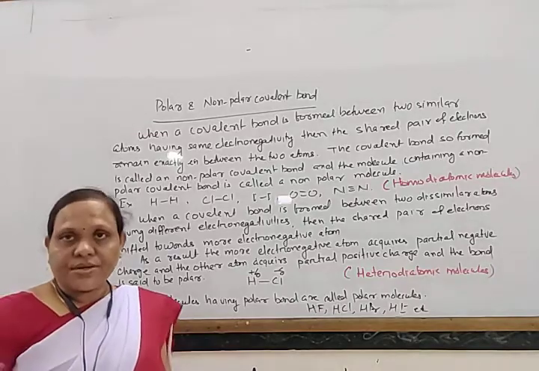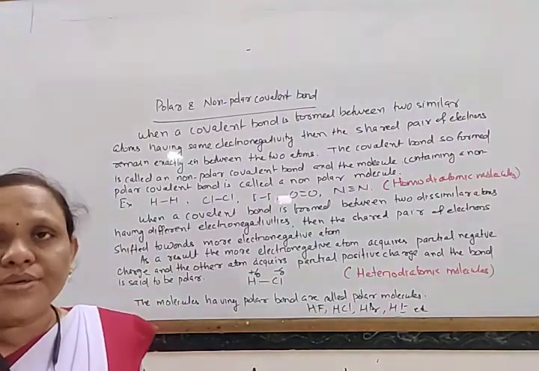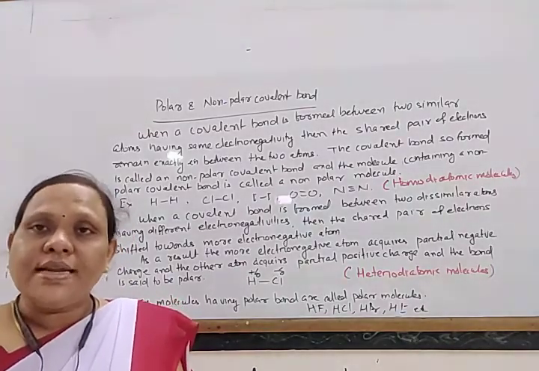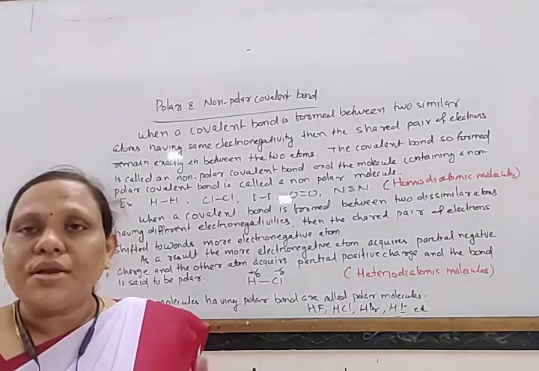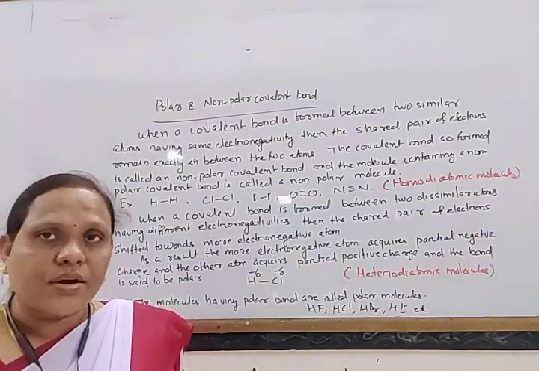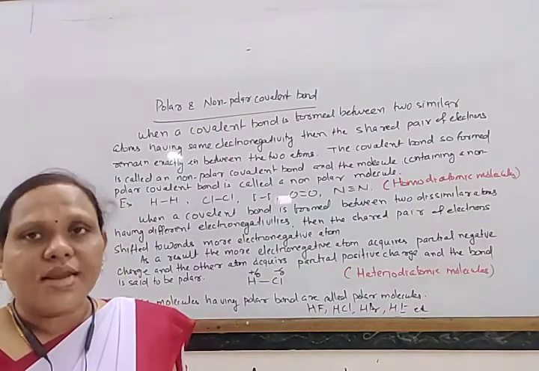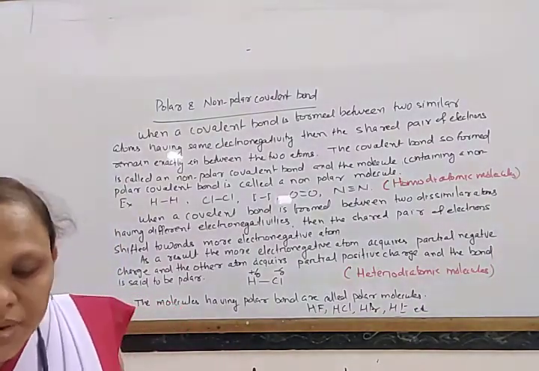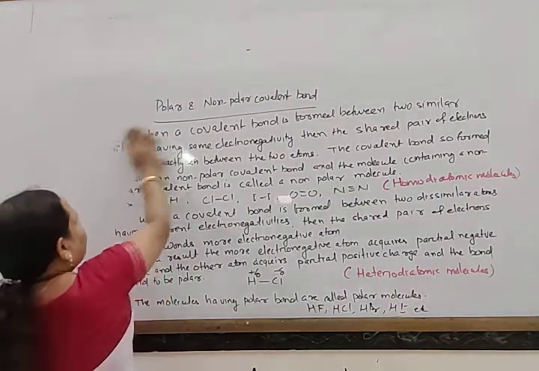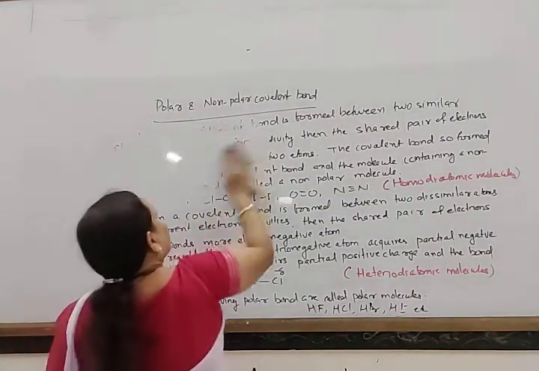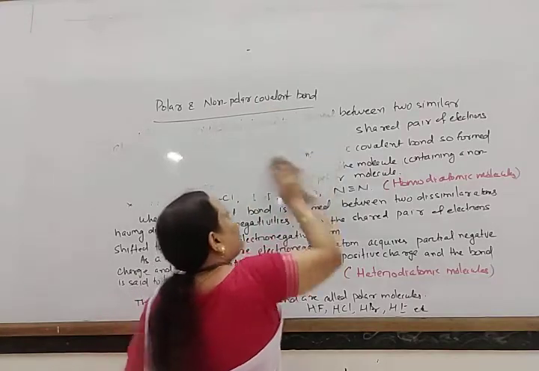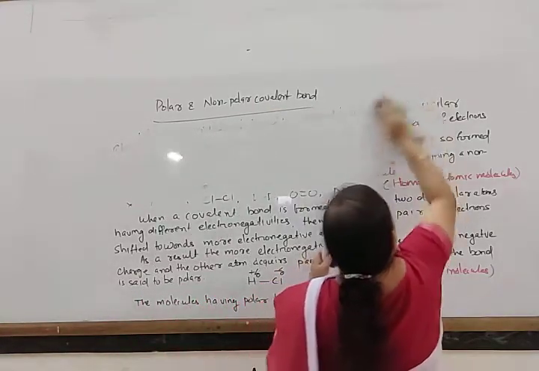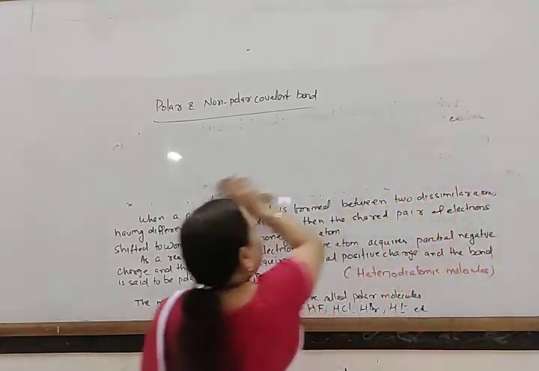All these are polar in nature. The polarity of a molecule depends on electronegativity. The greater the electronegativity of one atom, the greater its polarity. If we consider the polarity of hydrogen halides, HF is more polar than HCl, than HBr and HI.